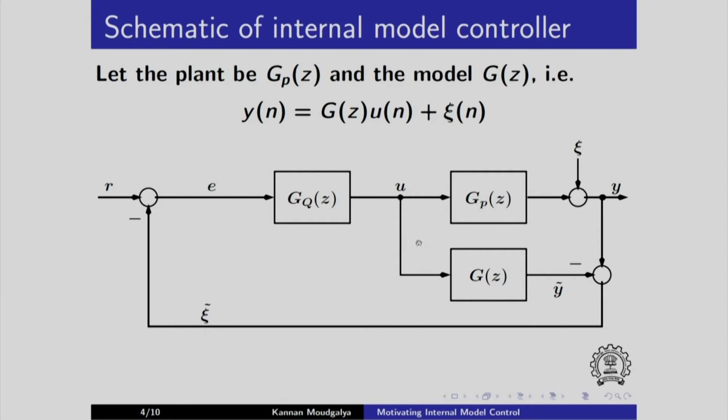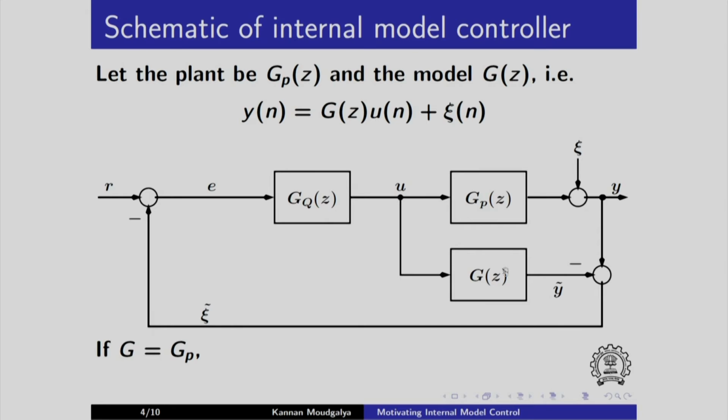You can see that it is somewhat similar to what we saw in Smith predictor. Here is the actual plant. Here is the model of the plant. Plant output is Y. This is noise corrupted. Y tilde is the output from the model of the plant and C tilde is fed back.